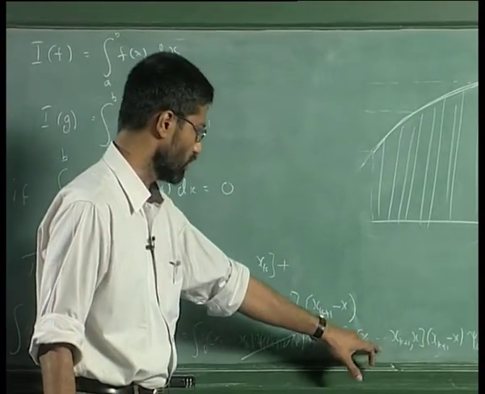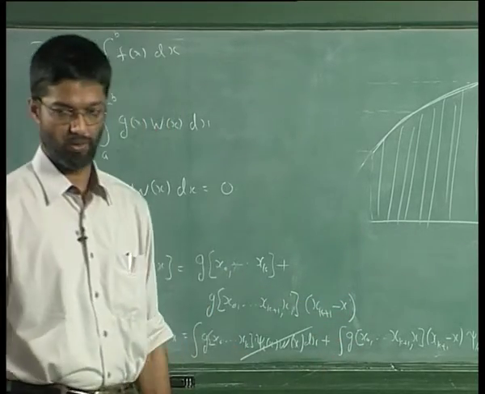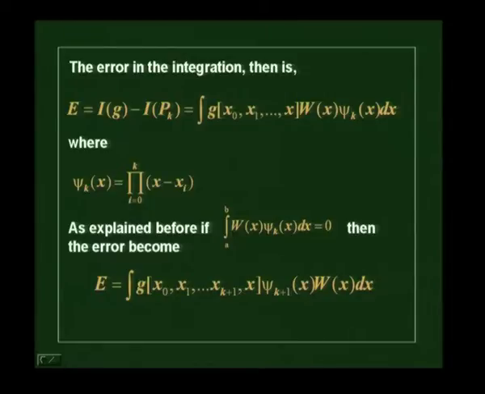So, we know that the order of the accuracy has gone to the k plus 2th derivative of the function f. That is what has been summarized here. So, we use this idea that if this is 0, we can go 1 up in the accuracy or in the derivative. The error becomes of the order of the next derivative, that is k plus 2th derivative, if this is 0.